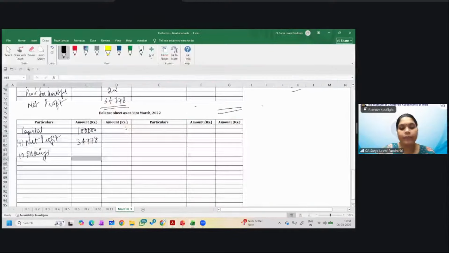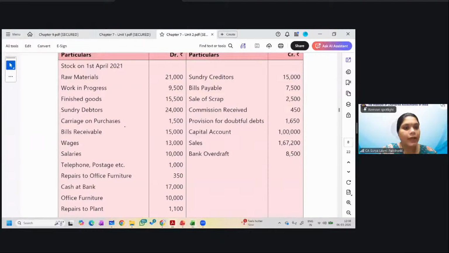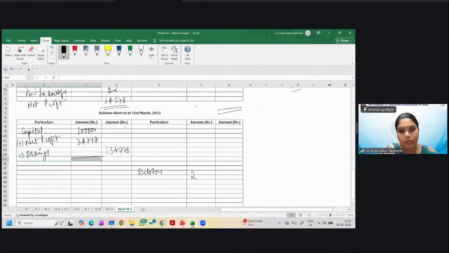What is the next item? Debtors are there. Okay, taking debtors here. Debtors value is 24,000 minus provision for doubtful debts. How much is the closing value of provision for doubtful debts? 1,672.